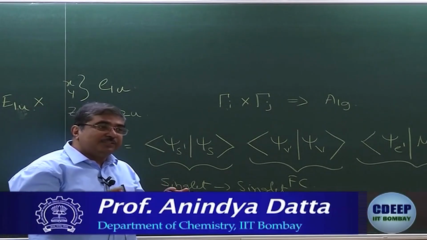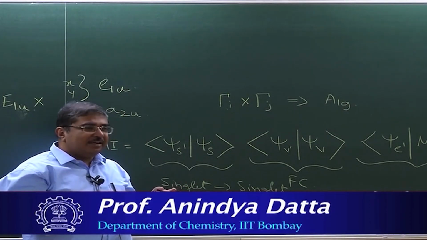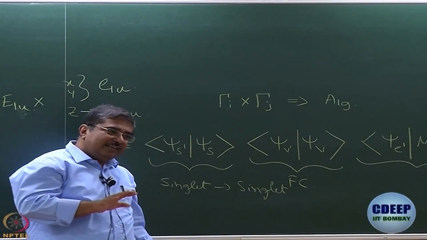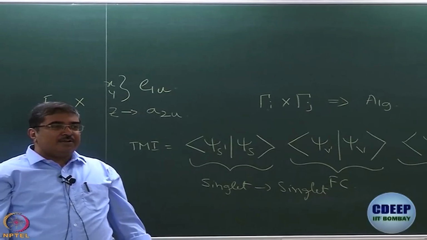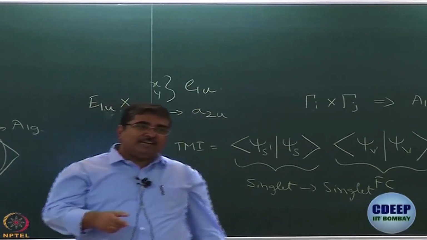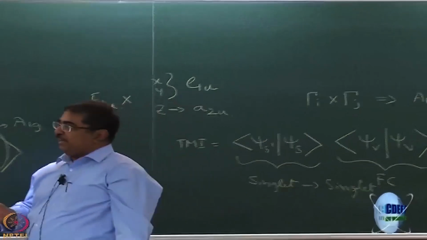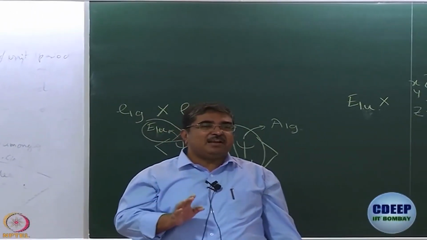It does not mean that we are going to see a band corresponding to it, we will see what happens, but it is a spin allowed orbitally forbidden transition, agreed. And the first one is a fully allowed transition. Okay. So, in the next part we will see whether there is any way in which these orbitally forbidden transitions can become allowed or not.